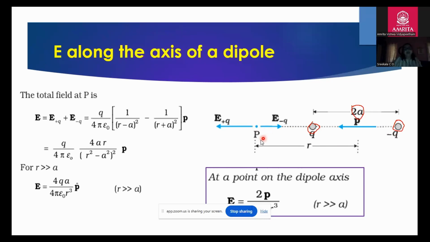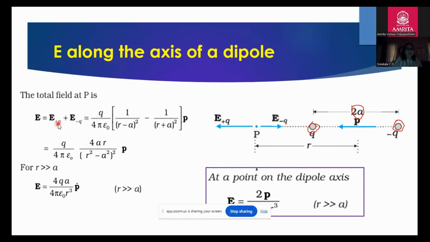Then we will get the total electric field intensity at the point P. So here it is the vector sum. E vector, since it is in bold, it means it is a vector, is equal to E due to plus q plus E due to minus q. Now first we will find out the E due to plus q charge.